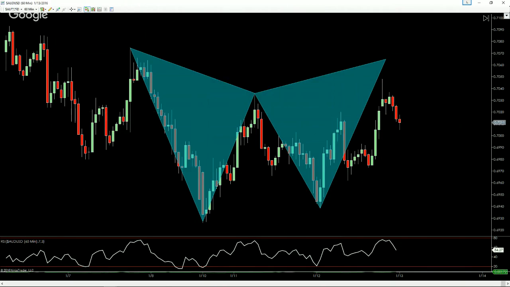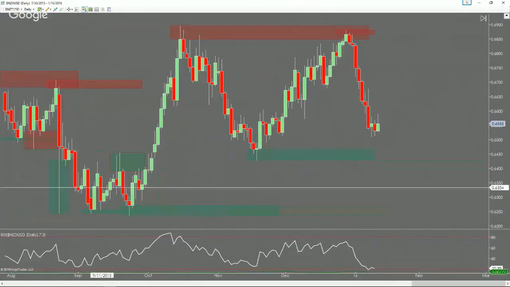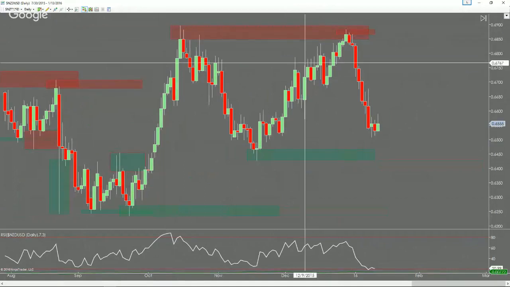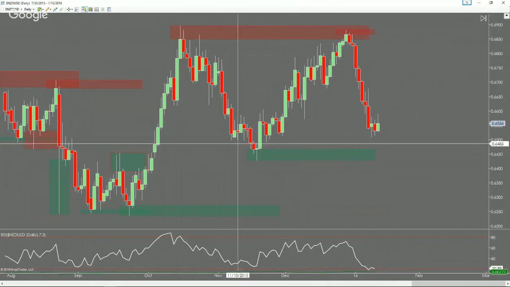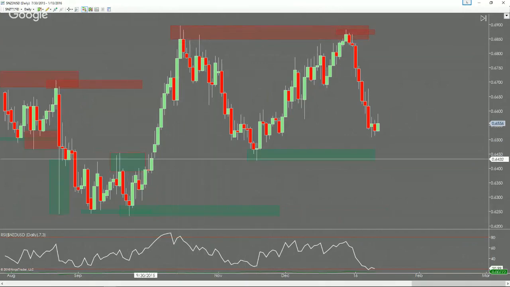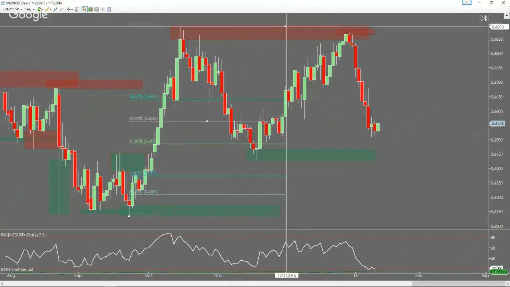So let's go ahead and go to our New Zealand dollar. All right, about the same thing with the Aussie dollar. This New Zealand dollar is still on that support and resistance level. Now the daily, I believe it was a Gartley pattern.